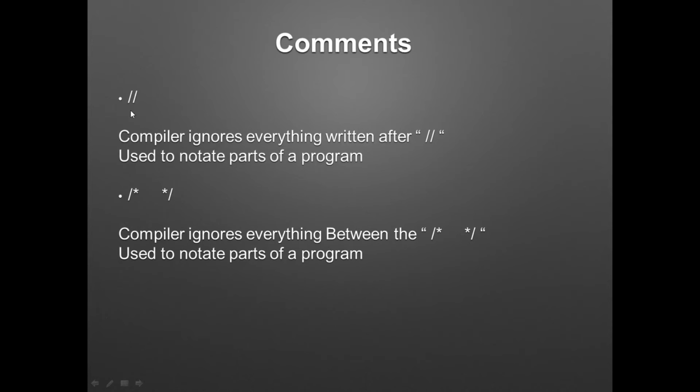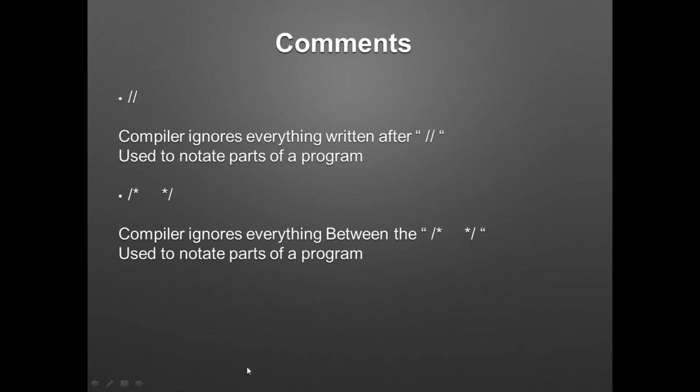To do that, we signal that anything written after this symbol is a comment, which is actually a combination of two forward-leaning slashes. Those slashes are next to the right shift key, which is also the question mark key. Putting two of those together says that the compiler will ignore everything after this.